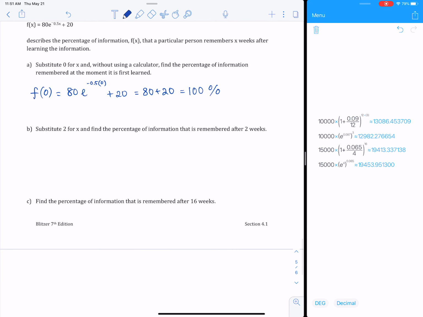Substitute 2 for x to find the percentage of information that remains after 2 weeks. So after 2 weeks, we're going to need a calculator here. 80 e powered by negative 0.5 times 2 plus 20. Negative 0.5 times 2 is negative 1, so 80 e powered by negative 1 plus 20.